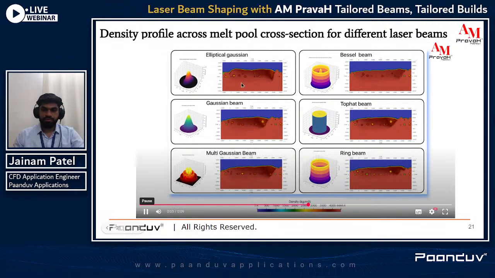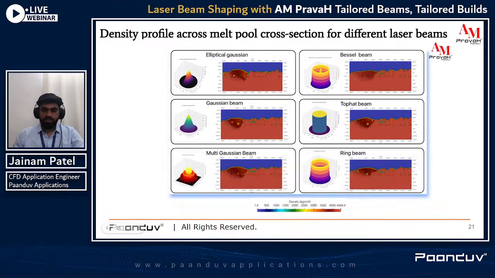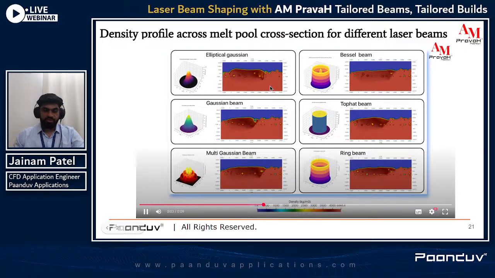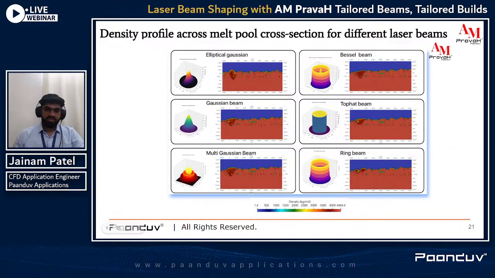Sometimes, if they have a high intensity or high power, they will generate the keyhole effect. So the user can use the Ansys software to minimize these defects by doing multiple simulations and finding the optimized process parameters to create uniform and good builds.